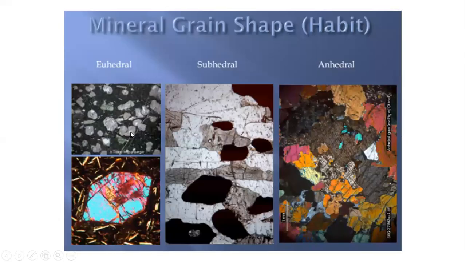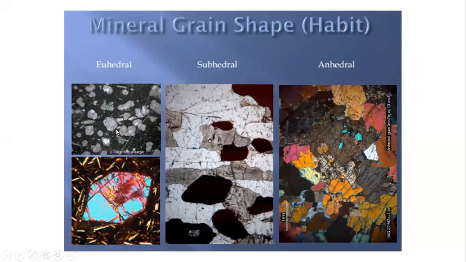These are some of the macroscopic pictures which show the various mineral crystal shapes or mineral grain shapes. The left picture shows the euhedral mineral crystals or euhedral mineral grains.